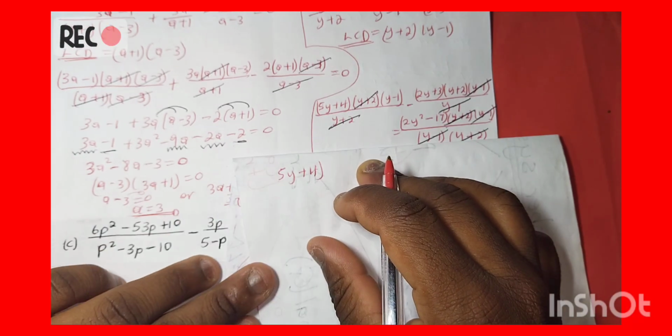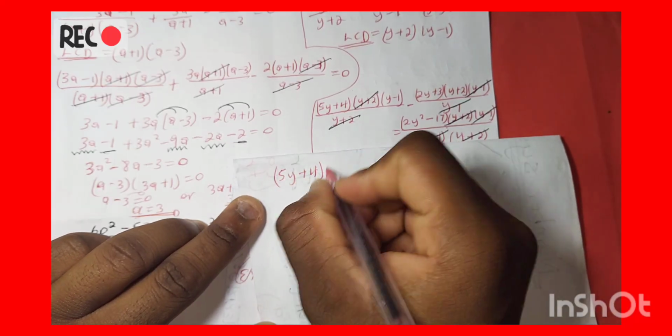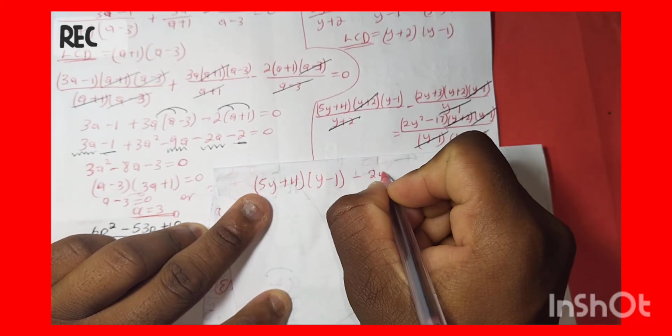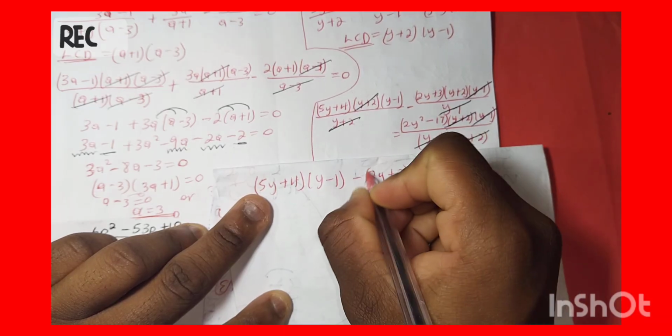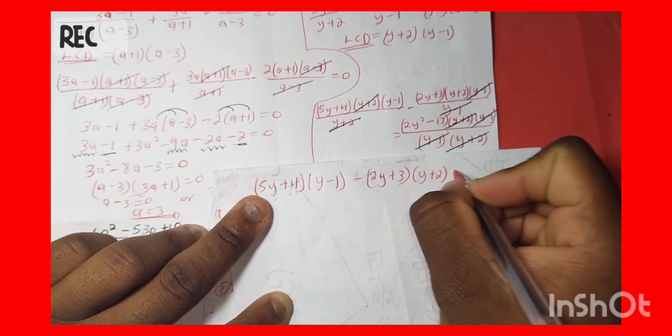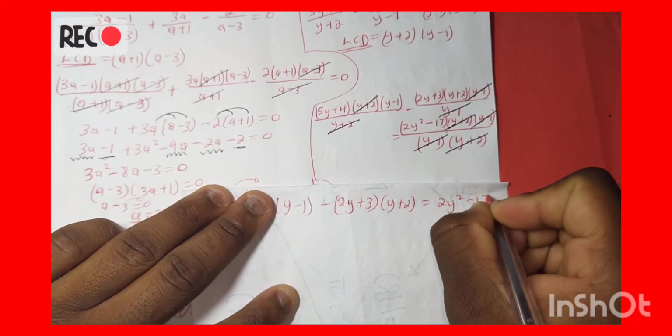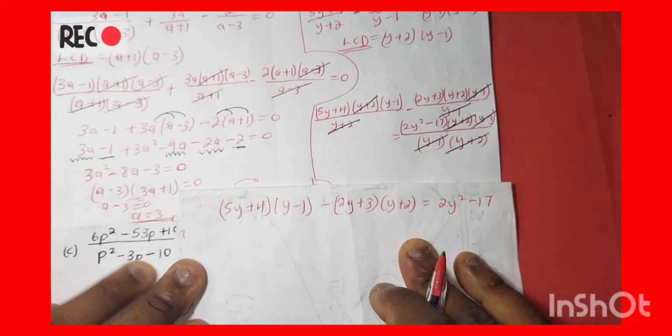I hope, guys, you can see all of this. Which is y minus this, which is 2y plus 3, and y plus 2, which is now on my right-hand side. I will only be left with this. Do you see?